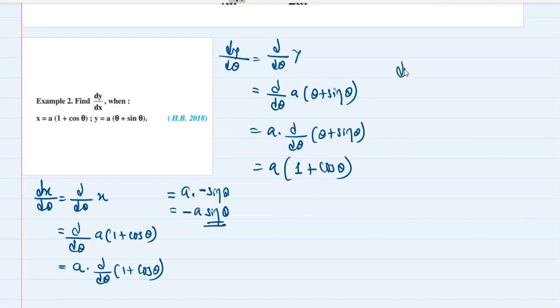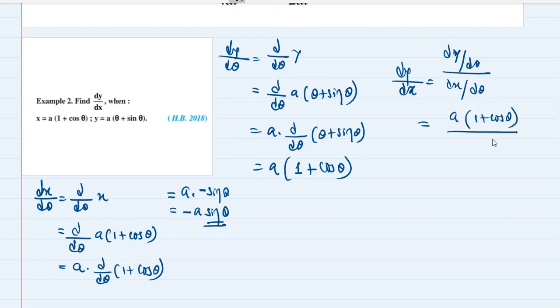So dy by dx becomes dy by d theta upon dx by d theta, that is a bracket 1 plus cos theta upon minus a sine theta. So this a will get cut and you'll get minus 1 over here.